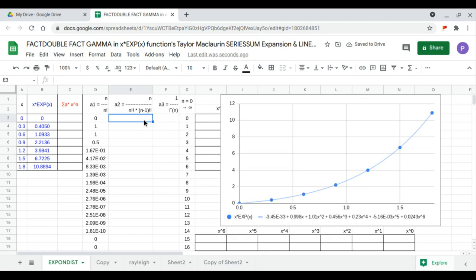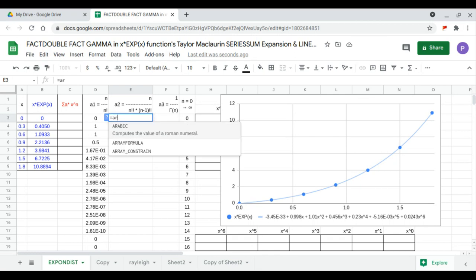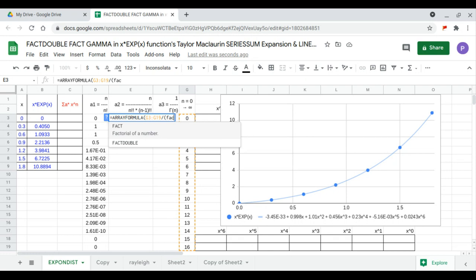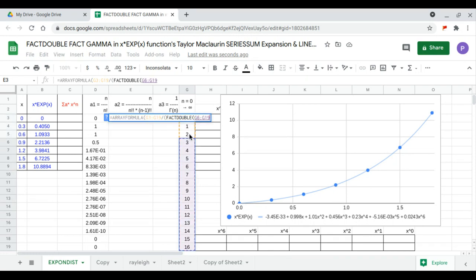Next, the double factorial. So array formula of the n divided by, there are two parts now, and they are both double factorial. So fact double of n times, again it's double factorial, but this time there's a negative 1.